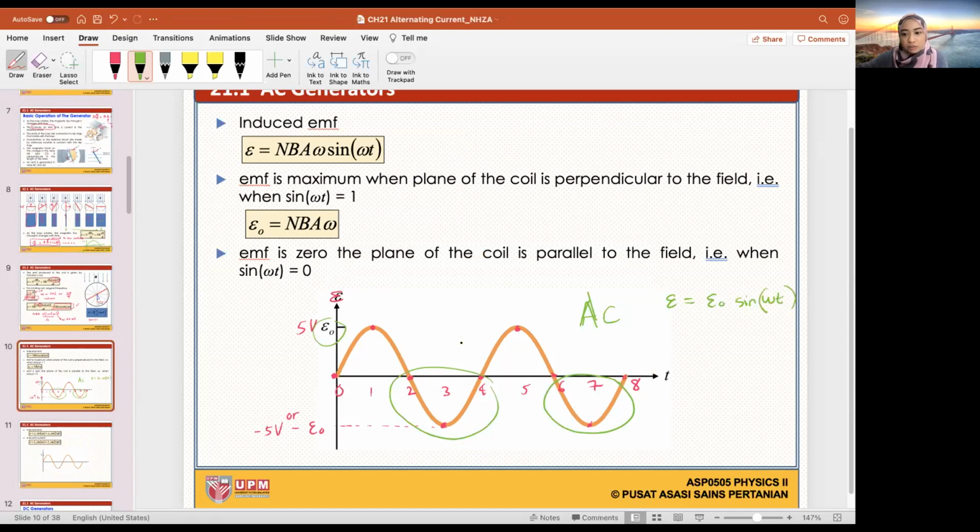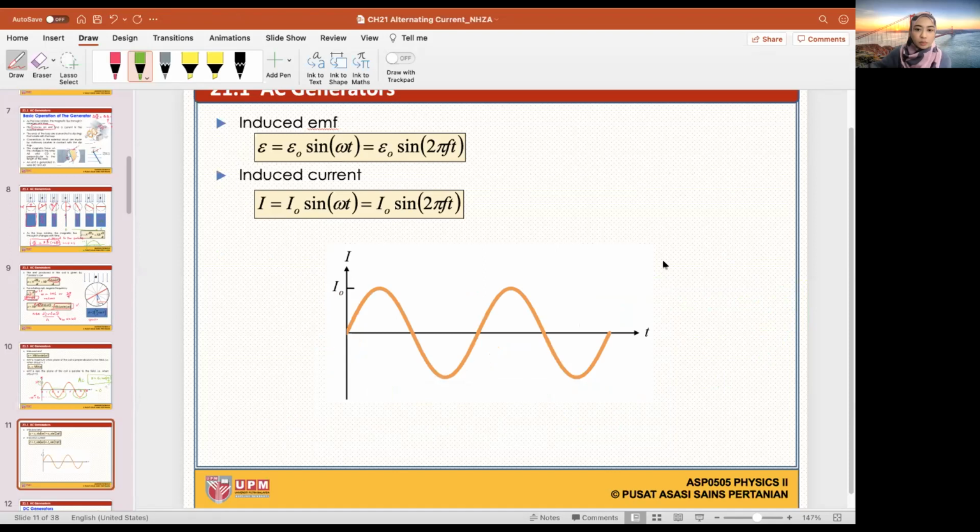At time 0, my sine is 0, so EMF naught times 0, so EMF at this point of time is 0. So is it 0 here? Yes, it's 0. So you will use this equation to find out the exact value of EMF at a certain time.